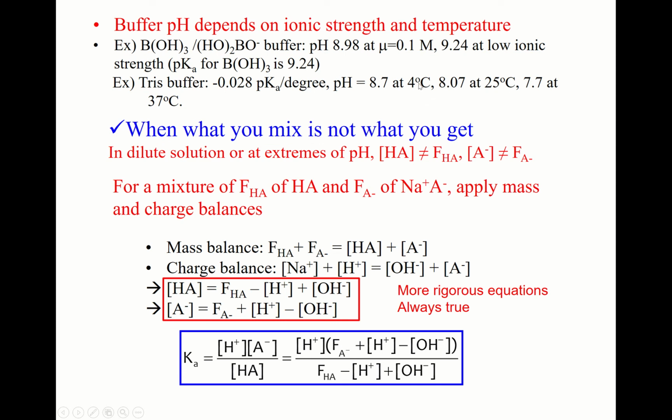At 4 degrees C the pH is 8.7, but at higher temperature pH decreases to 8.07, and at 37 degrees C it decreases even further to 7.7. Okay, this is the end of this lecture, and I will continue the lecture about the buffer.